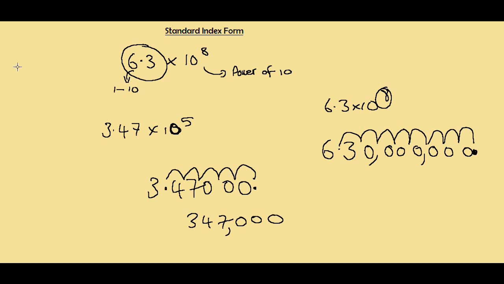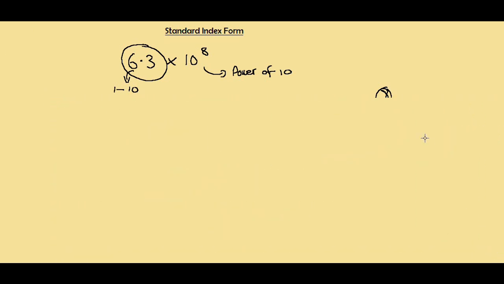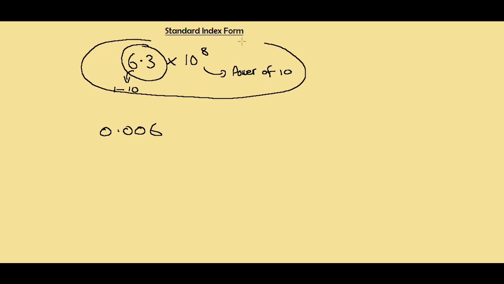So what we've been doing so far is looking at large numbers, the millions, the thousands, the hundreds of thousands, and so on and so forth. But sometimes we end up with small numbers, and this might be something along the lines of 0.006, but it still works in the same way. We still need to have standard index form in this particular format with the same rules.